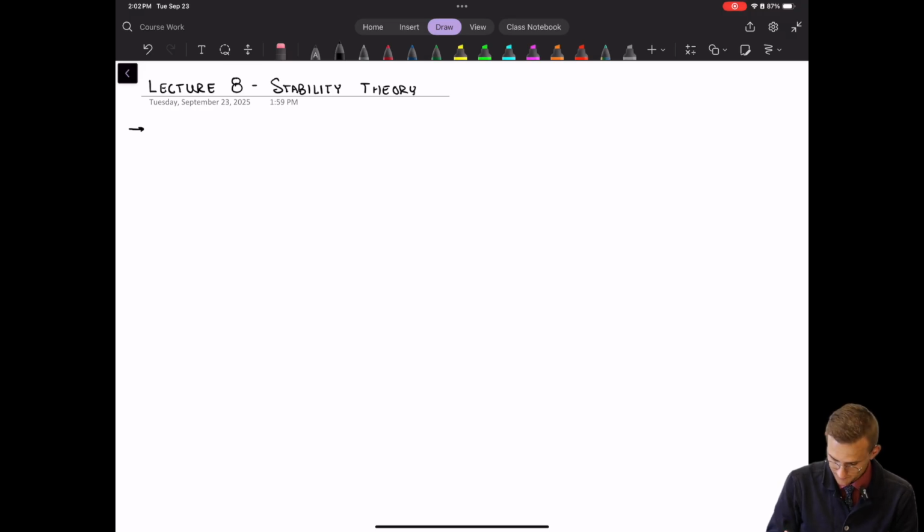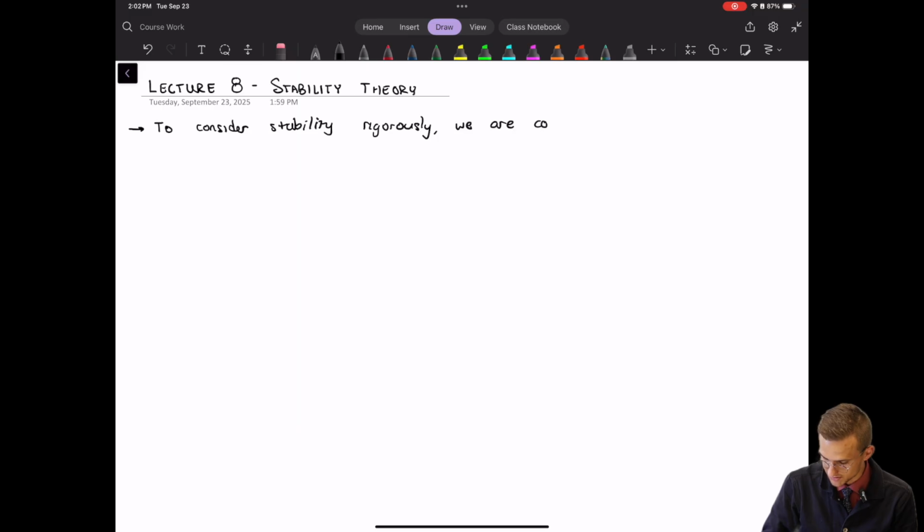Okay, so to consider stability rigorously, we're concerned with whether small perturbations to the solution grow or decay with time, right?